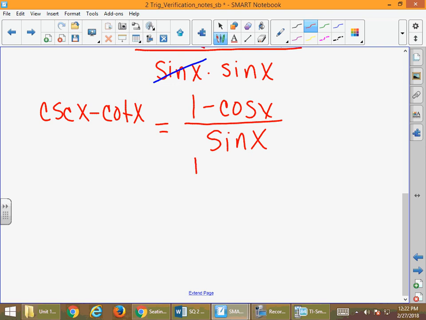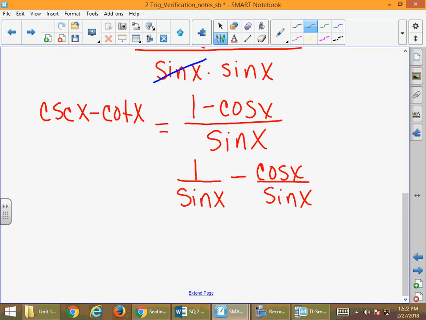We can split the right side of this up into 1 divided by sine x minus cosine x divided by sine x. And we're allowed to do that because there's one term in the denominator. Just sine. That's one term. So we haven't changed anything. If we have a common denominator, we could write it as 1, which is the step above.